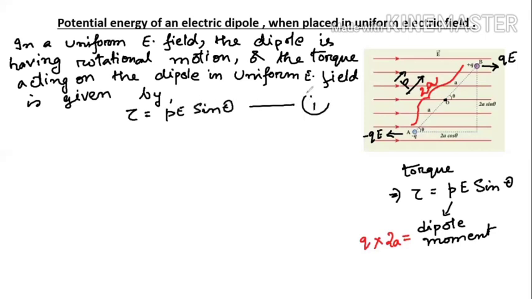You can call this equation 1. This is the value of the torque which is acting on the dipole.